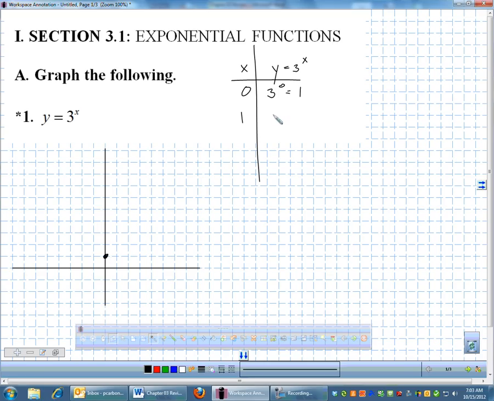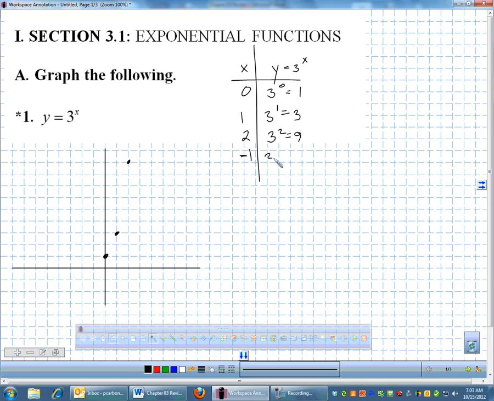If I plug in 1 for x, 3 to the first is 3, so 1, 3. If I plug in 2 for x, 3 squared is 9, so I'll plot 2, 9. And that tells me what's happening on the right side of the y-axis.